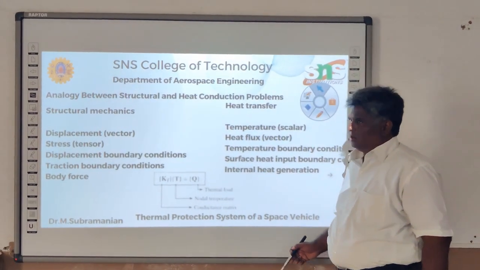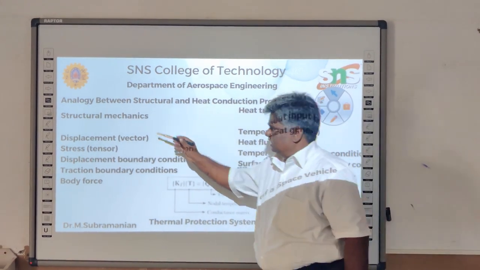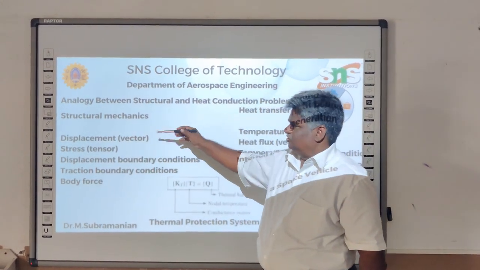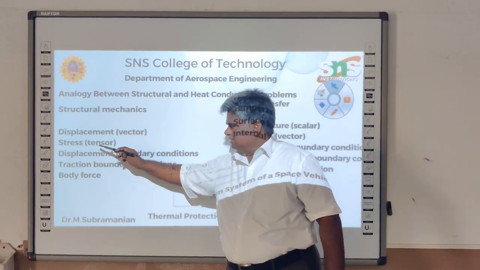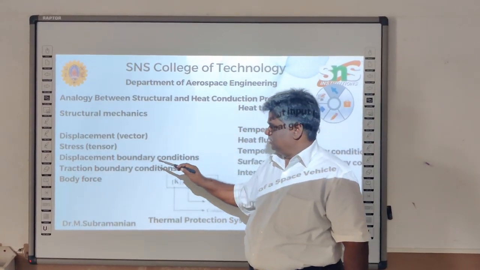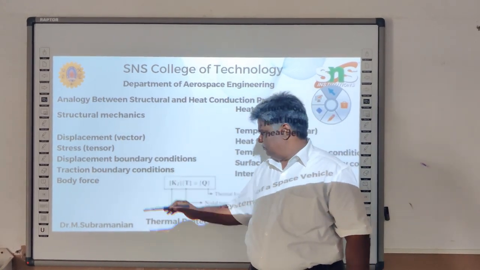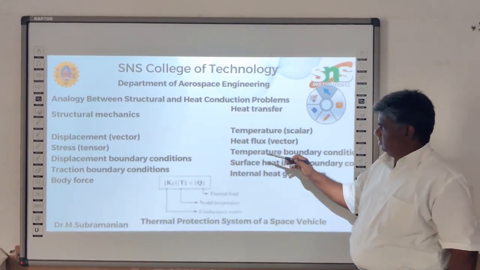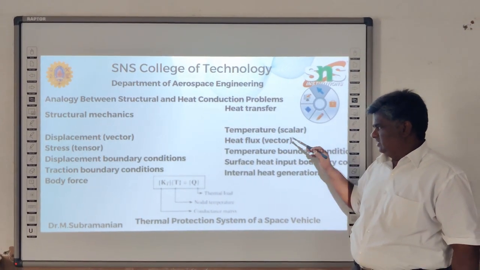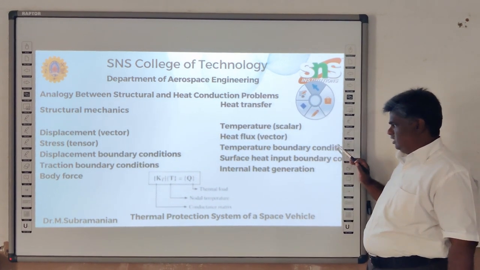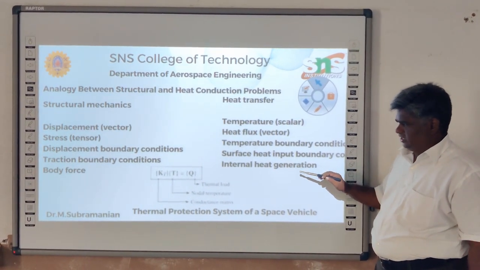Comparing structural analysis and heat conduction problems: in structural mechanics, displacement is a vector quantity, stress is a tensor, with displacement boundary conditions, traction boundary conditions, and body force. In the heat transfer thermal problem, temperature is a scalar, heat flux is a vector, with temperature boundary conditions, surface heat input boundary conditions, and heat generation.